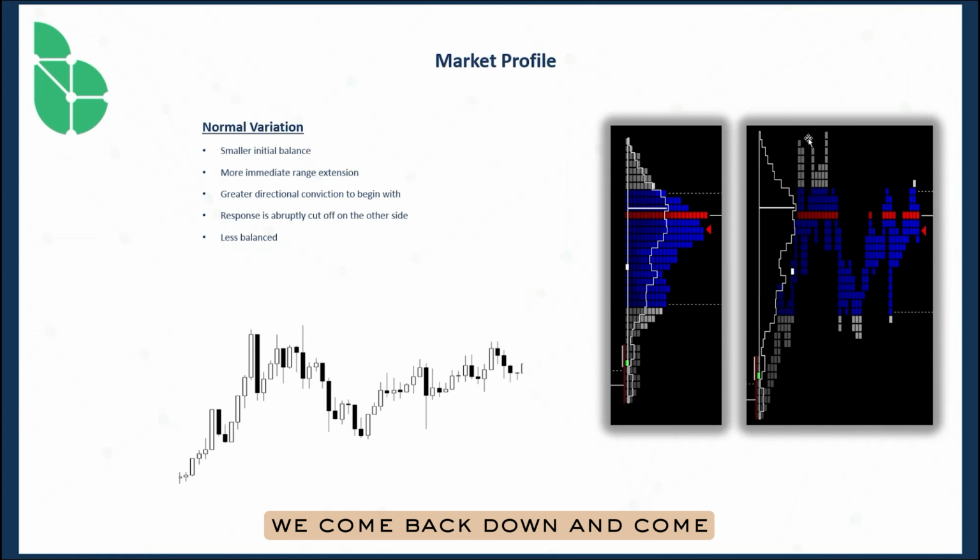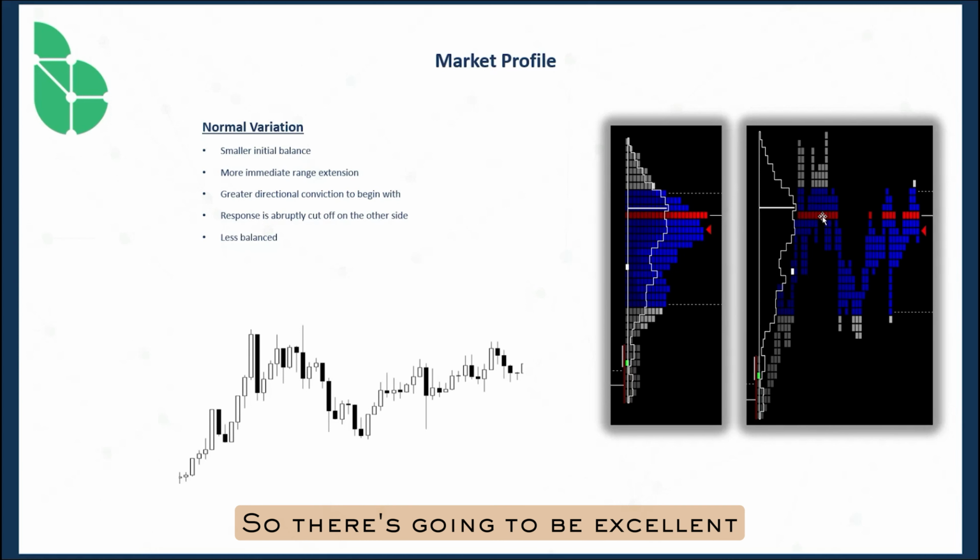We come back down to almost where the initial balance was, and you see we have this rotation downward and now rotating back upward, and it's a pretty balanced distribution at this point. Again, in terms of directional conviction, this is on the low end of things, more likely indicative of a ranging, bracketing environment, more balanced environment.